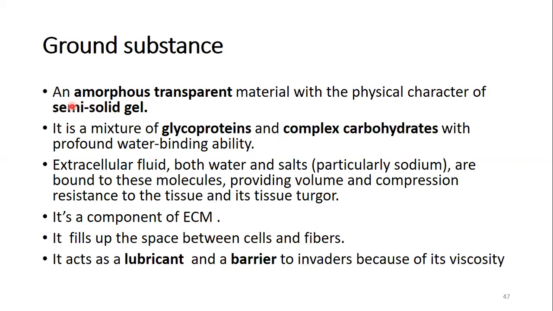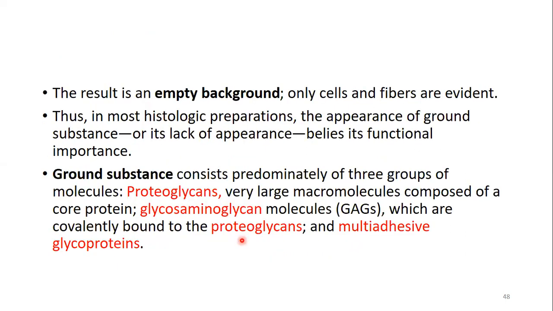Therefore, ground substance is semi-solid or semi-liquid. It is amorphous. It has no shape. It is a liquid anyway, so it can assume any shape in which you can put it. Okay. So what makes up ground substance? Ground substance is made by proteoglycans, number 1. Then glycosaminoglycans, number 2, or simply abbreviated as GAGs.